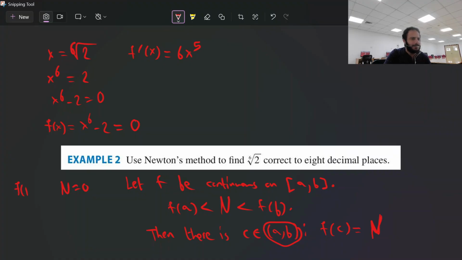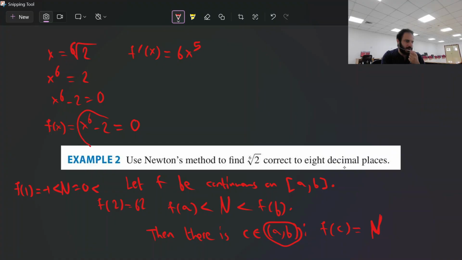Do you hear me? Yes. So f1 equals -1, less than n equals 0, less than what? Less than f of 2. f of 2 equals 2 to the 6 minus 2. You get 64 minus 2, 62. So n equals 0 lies between -1 and 62, right?